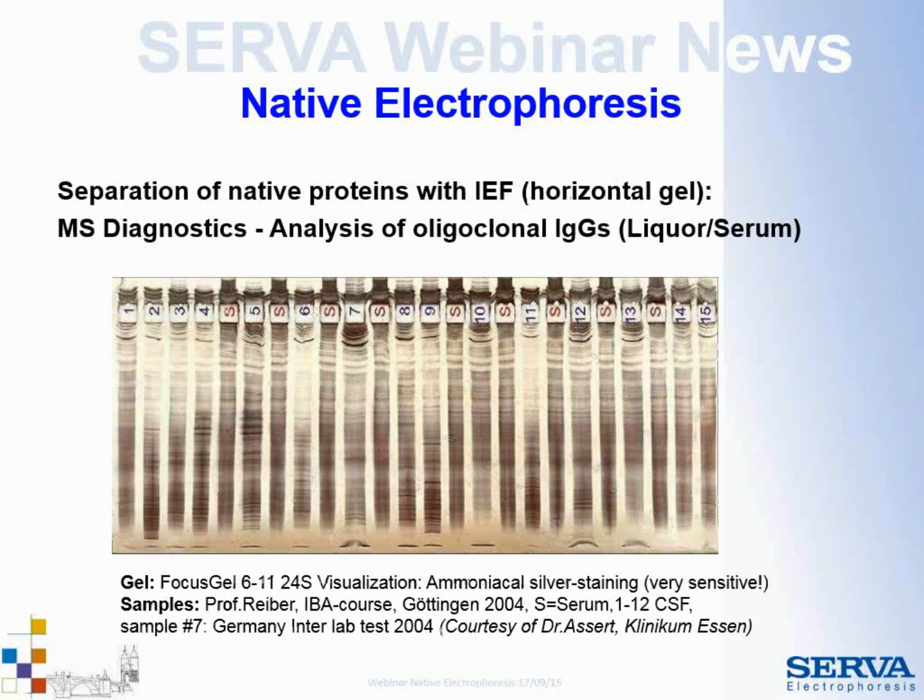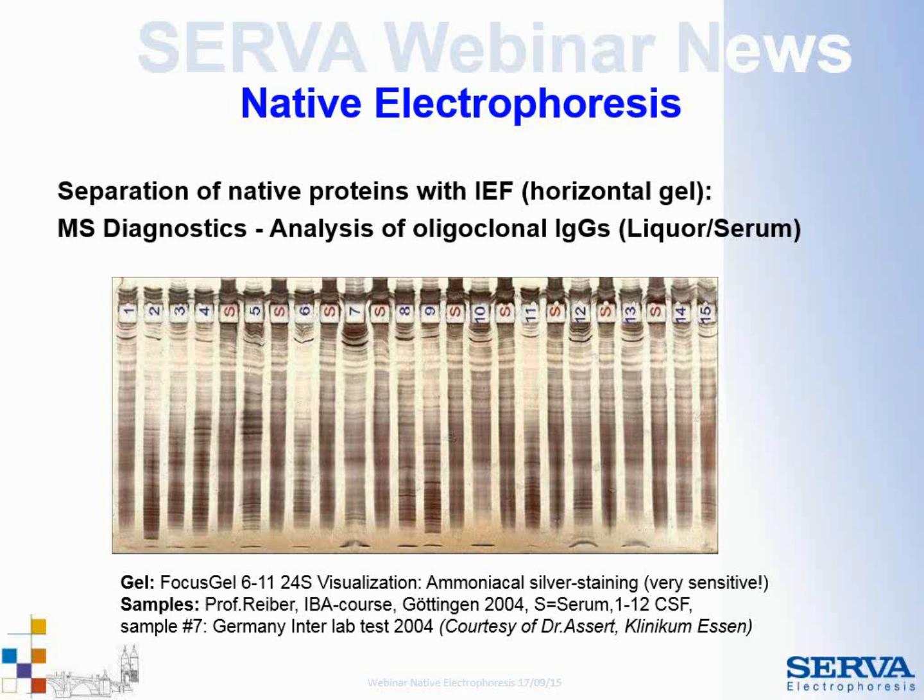This is an example of a horizontal IF gel. In this application, film-backed gel is used, and this is a separation for MS diagnostics, so it's used for multiple sclerosis diagnostics, and it's a really special application. But it looks a little bit different than the vertical gel, because this is a real endpoint method, and the gels are very thin.